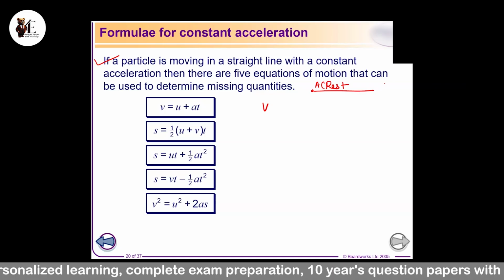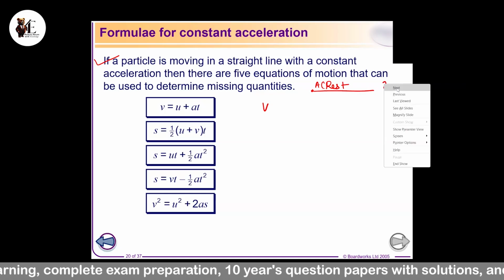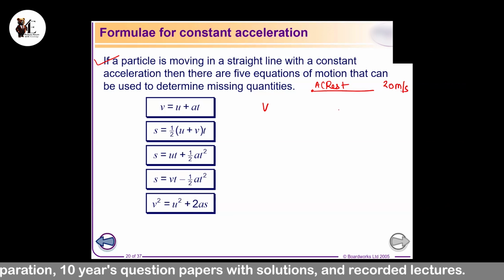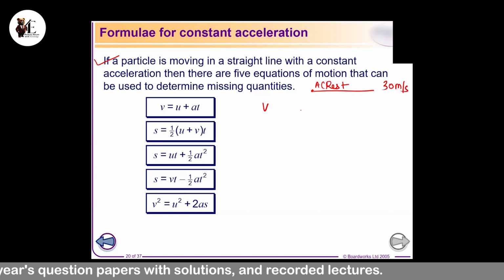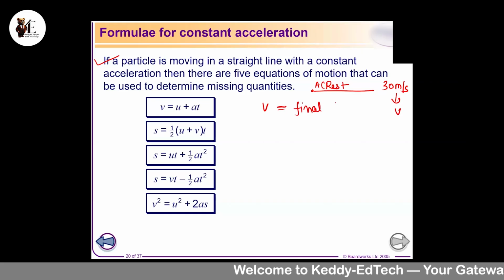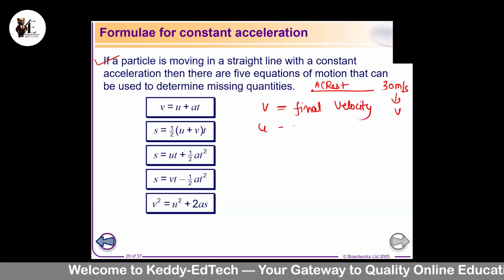So here, any object, let's say, starts from point A, that is from rest, and covers till the speed of, let's say, 30 meters per second. So the velocity that it has at the final point is going to be its final velocity, and that would be denoted with V. So V is final velocity, U is initial velocity.